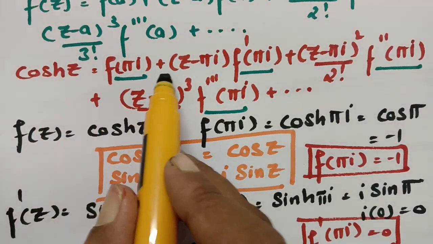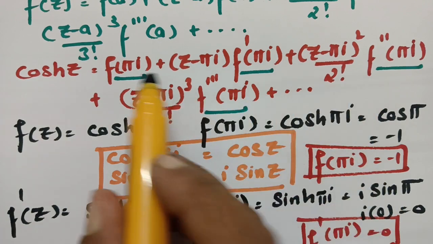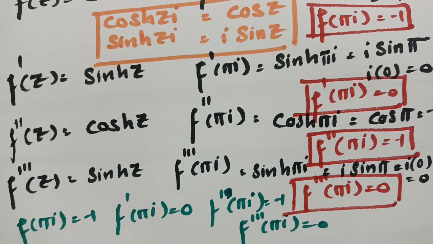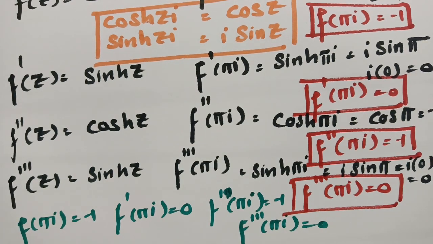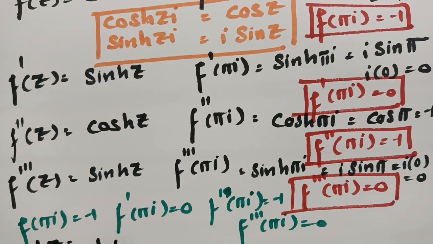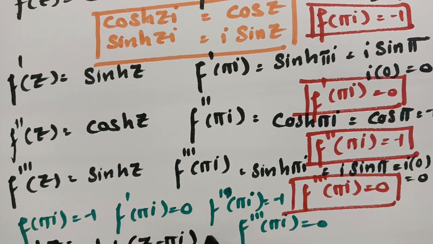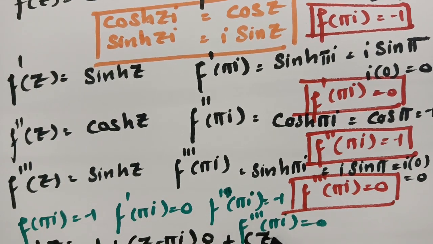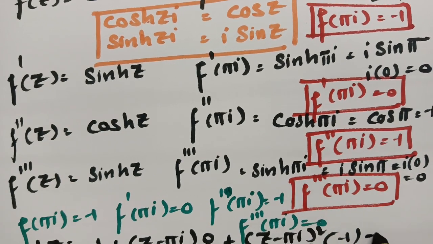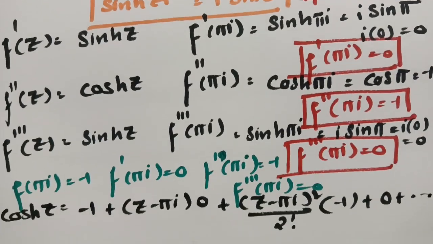In Taylor's series expansion, we have to write the whole formula for f of z, cos hz, and substitute all these values. So cos hz is equal to f of pi i, which is negative, plus z minus pi i into f dash, which is 0, plus z minus pi i whole square by 2 factorial into negative, plus f triple dash term which is 0, and so on.